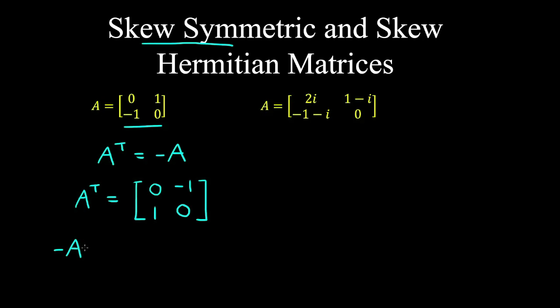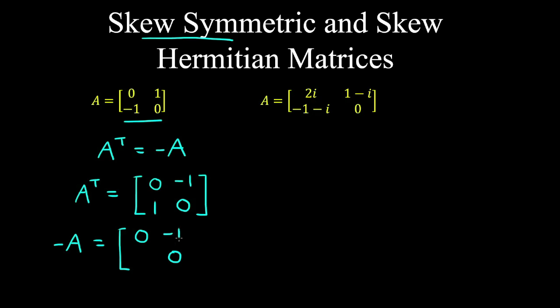And negating A, we end up with zeros on the diagonal, and minus 1 and 1. So therefore we must have zeros on the diagonal for this to be true.